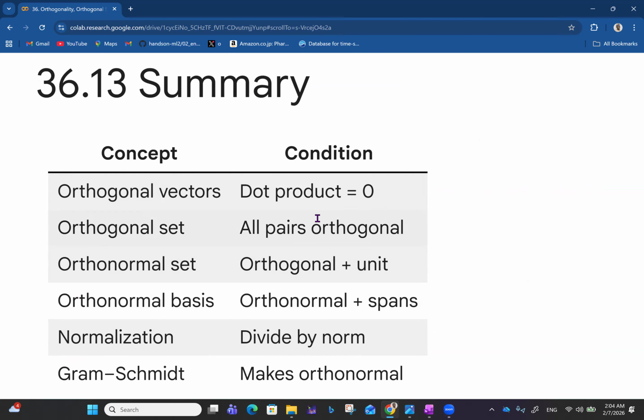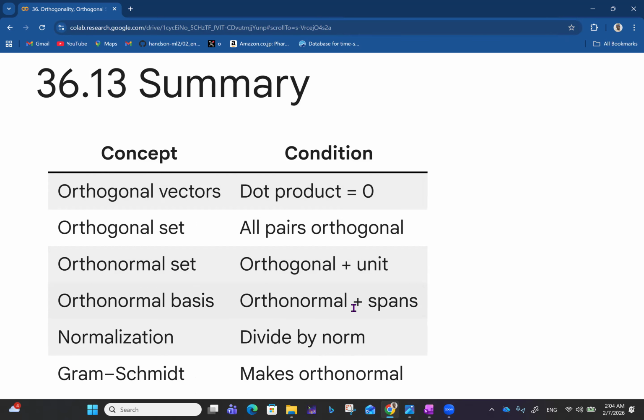Therefore, for an orthonormal set, like I said, orthonormality starts with orthogonality, and then the other part is that each vector is a unit vector. To make an orthogonal set into an orthonormal set, you verify that the pairs of vectors are orthogonal, then you normalize each vector. Then we have an orthonormal basis.